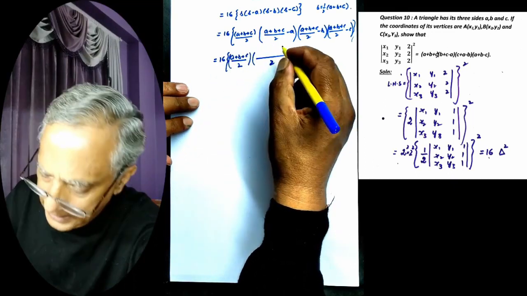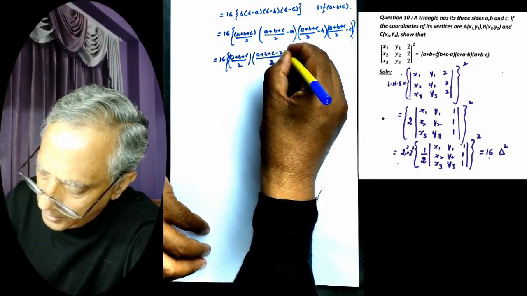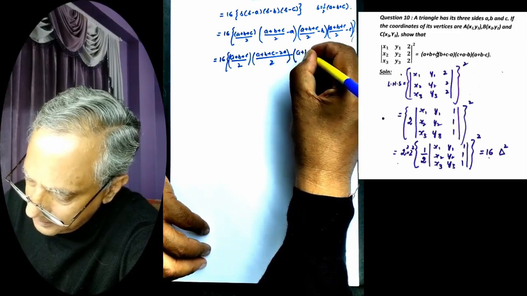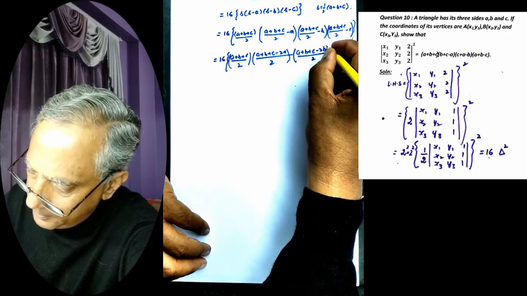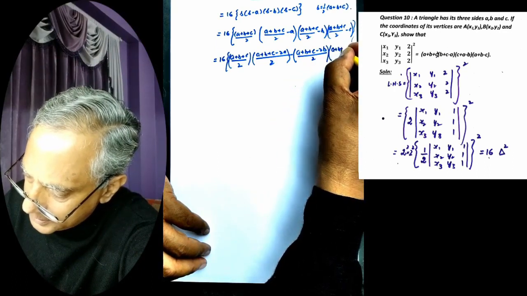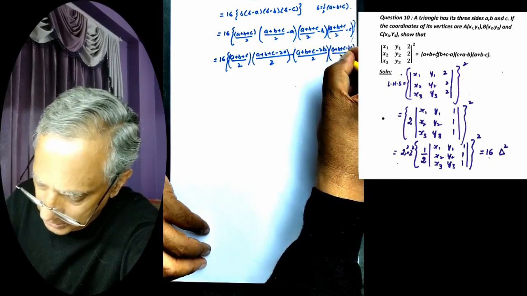What we get is A plus B plus C minus 2A by 2, and A plus B plus C minus 2B by 2, and A plus B plus C minus 2C by 2.